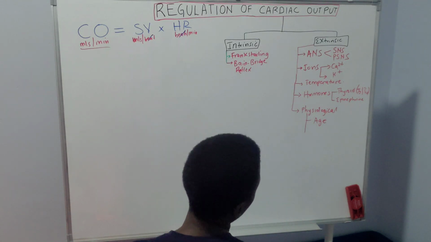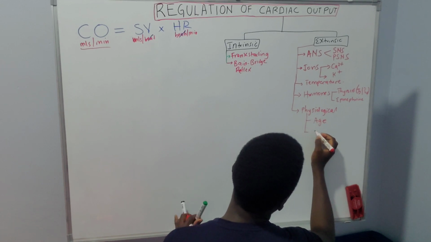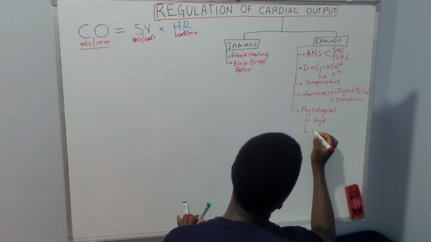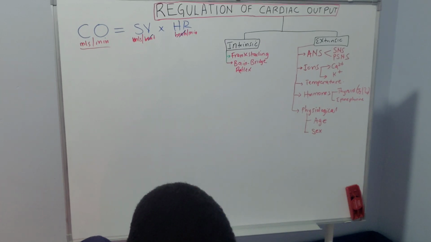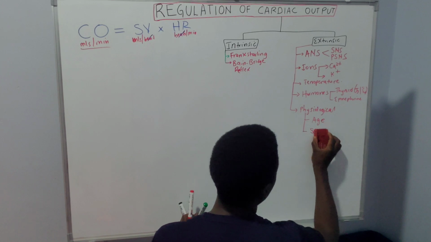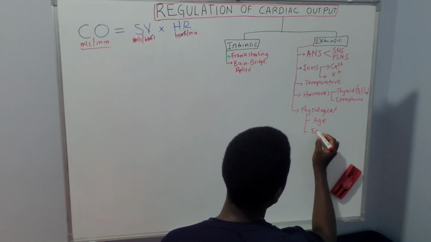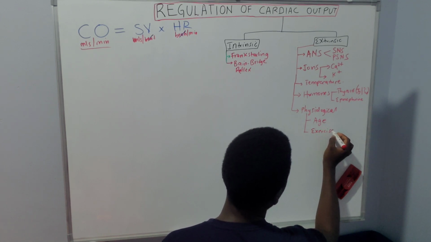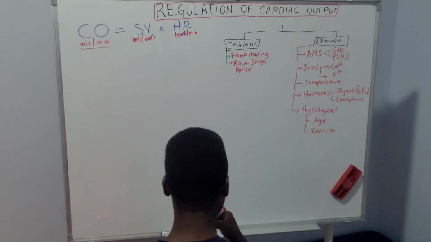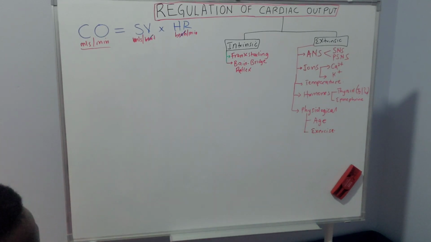And then also we have the sex. We also have an input of, for example, exercise. If you do exercise, this will also bring about changes in your cardiac output.